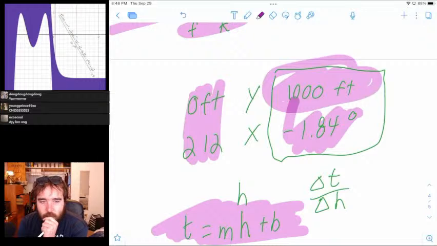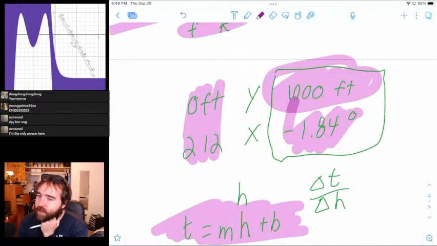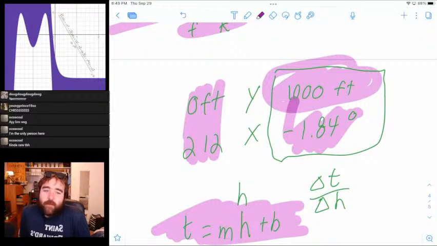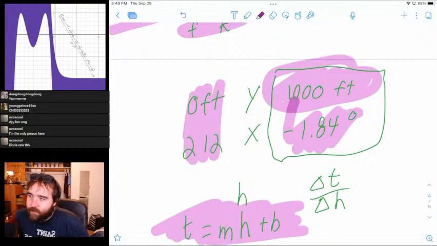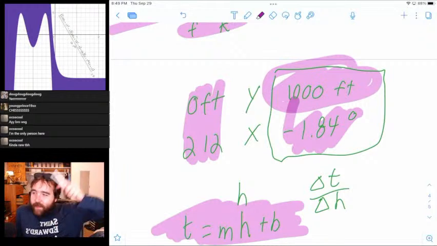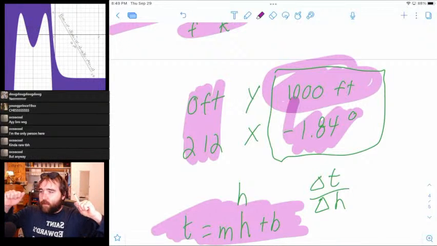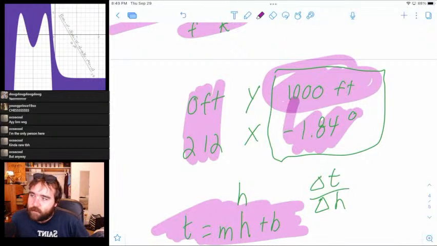So right when they said that, I was like, okay, so that's the slope. Basically I knew I had to write a linear equation because it's changing at a constant rate, and they want us to write an equation that relates t and h.